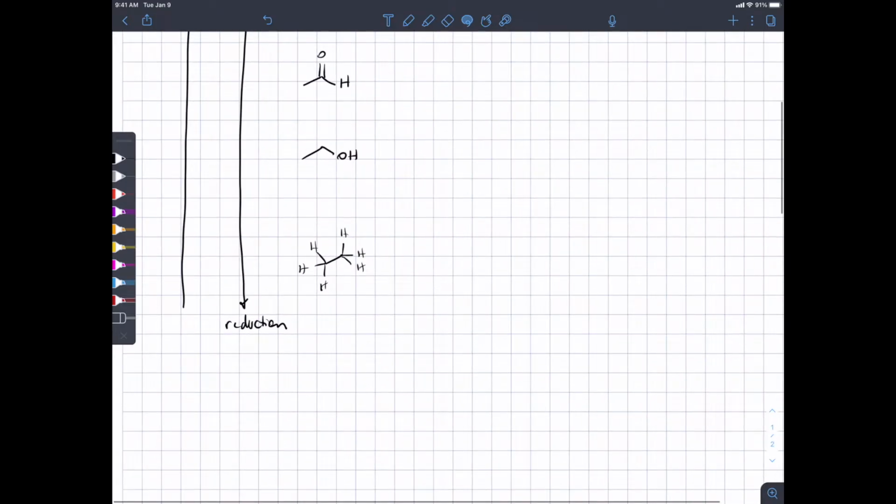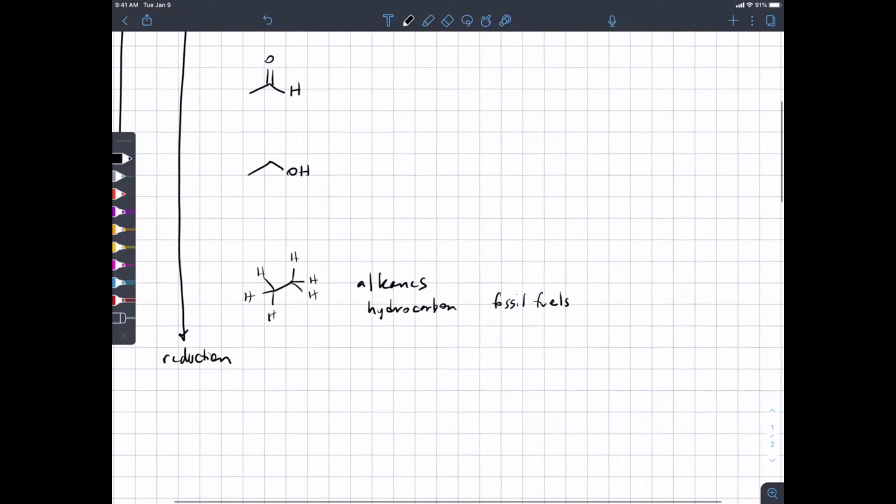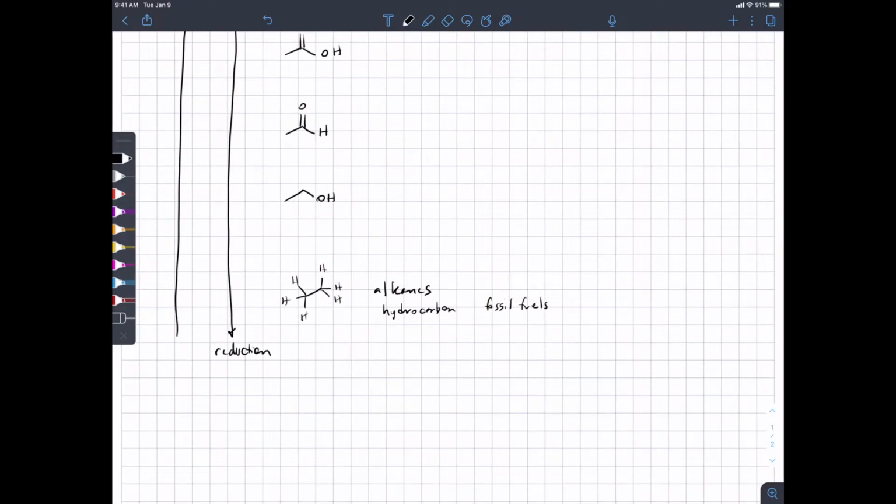Down here, the most reduced types of molecules are alkanes. And these are hydrocarbons that we get from fossil fuels. One of the most important things that's done in the chemical and chemical engineering industries is to convert these fully reduced alkanes that you get from fossil fuels into simple molecules that are slightly oxidized.